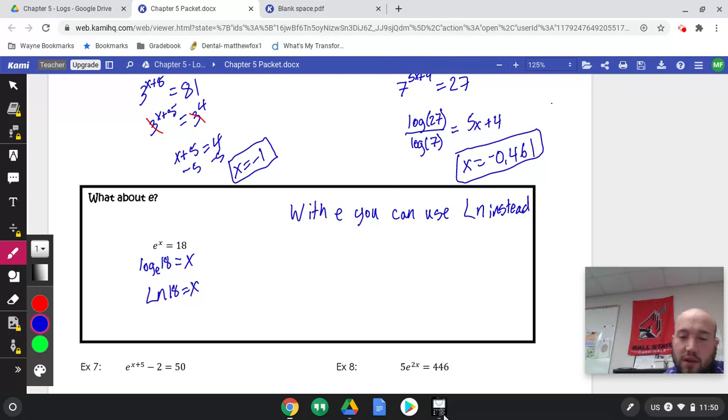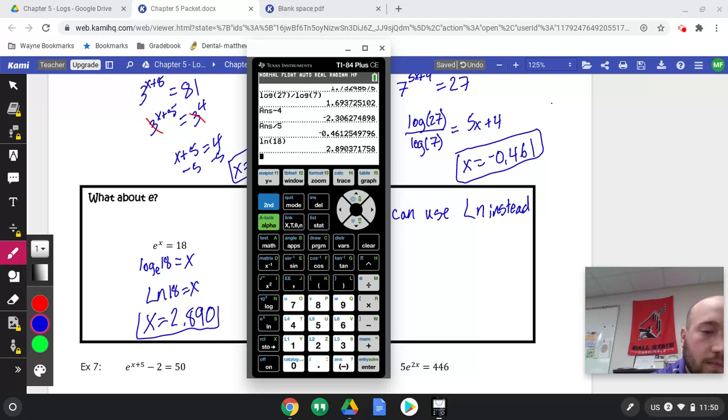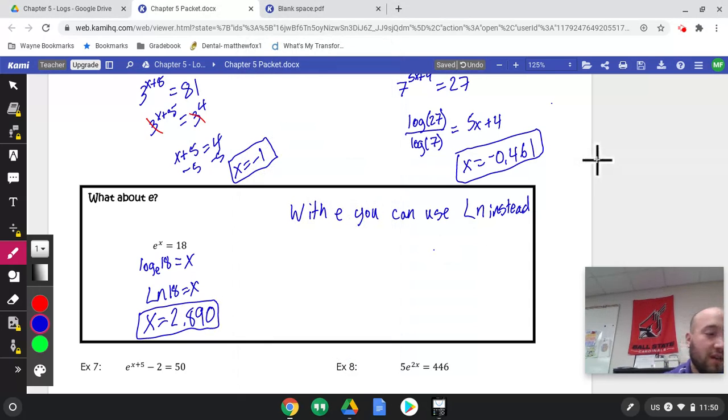So if I get my calculator out, right here, this button, ln of 18, I close it, and there's my answer. I get x to be 2.890. And this only can be done when it's an e.